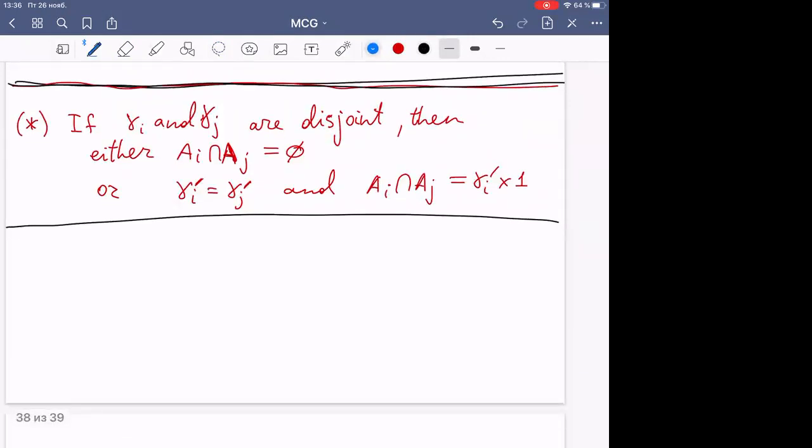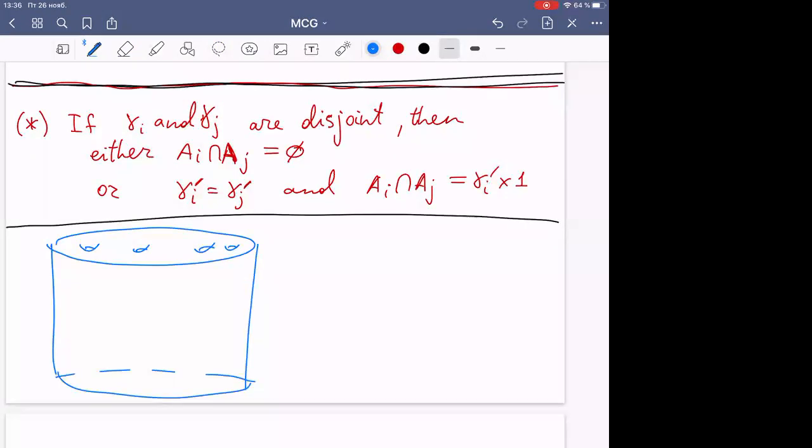Look, now again look at this picture in total. We have this surface as G n minus 1 times segment. We have these annuli, which now intersect as it is prescribed here.